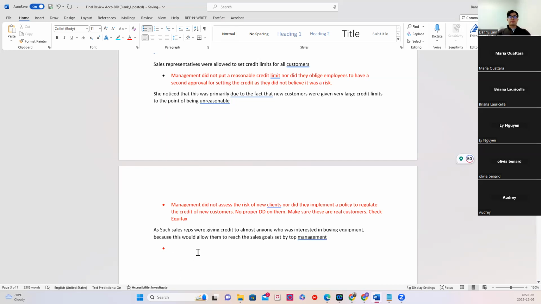Then you would say management did not assess the risk of putting an aggressive sales goal, not only for bonus, but also being fired, on how the employee would act.